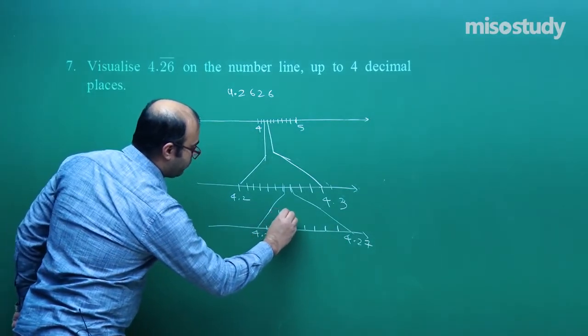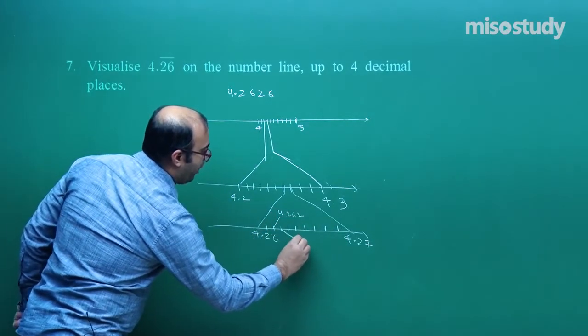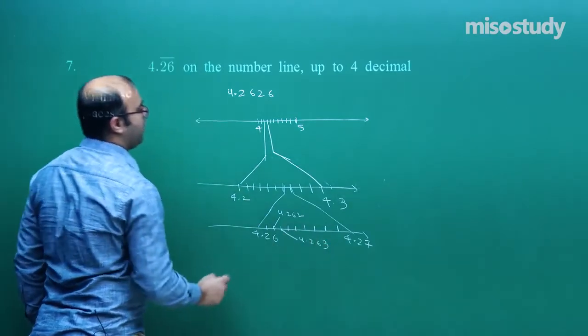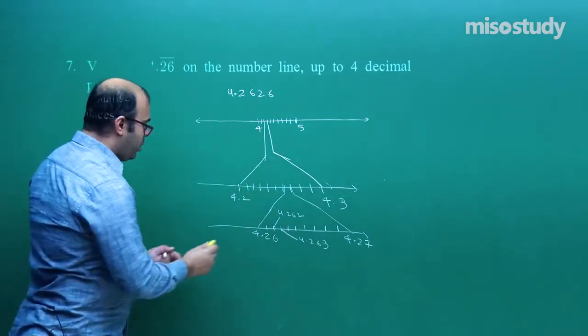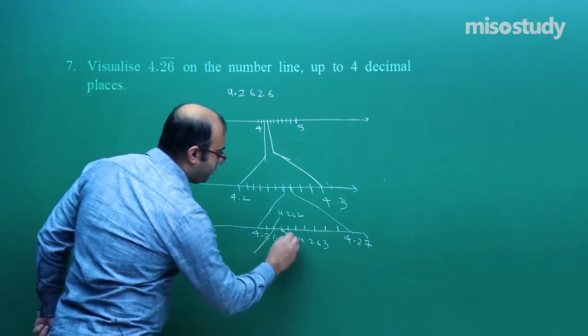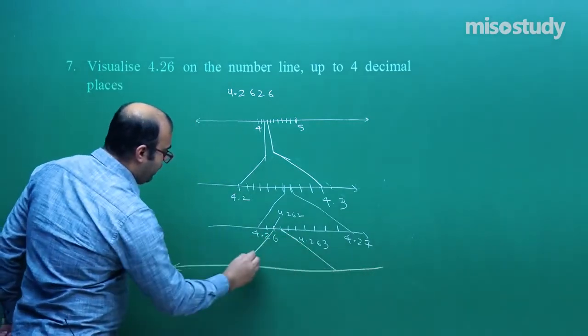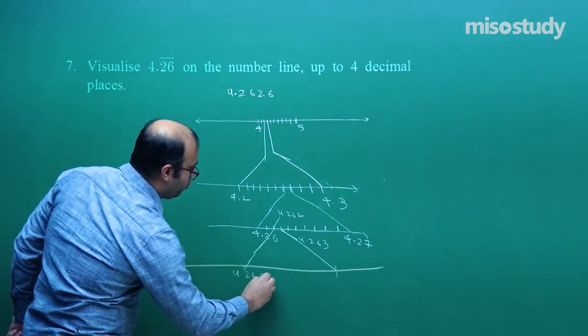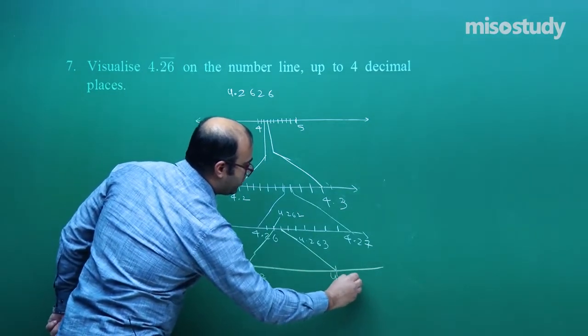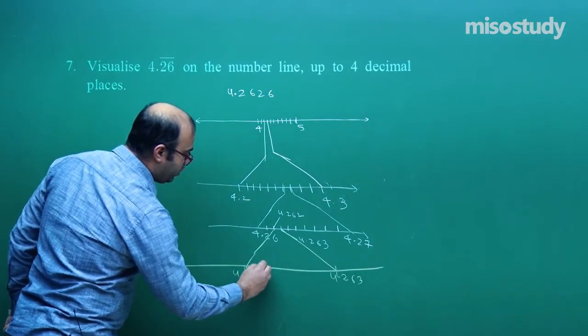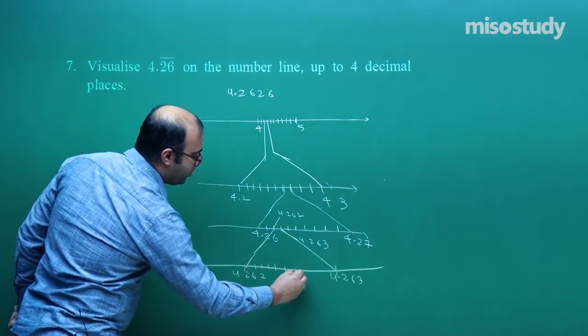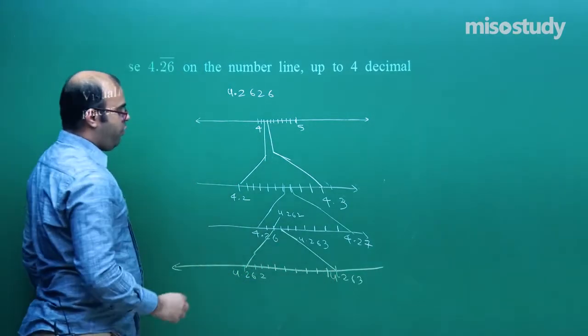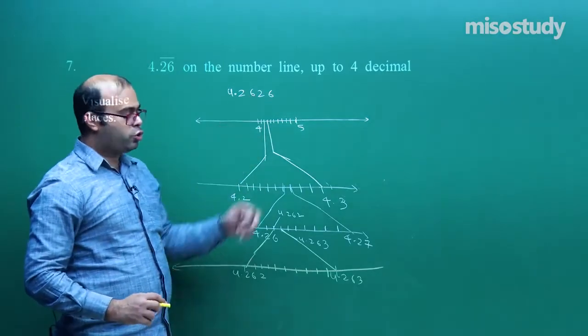4.262 is here and 4.263 is here. This is in between both of them. So we will magnify this again on the number line. This is 4.262, this is 4.263, divide into 10 equal parts. Now we have 4.2626.